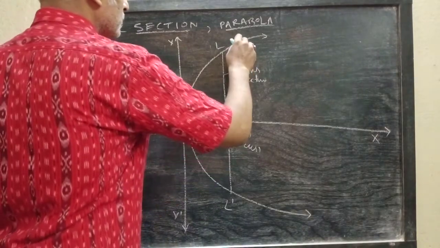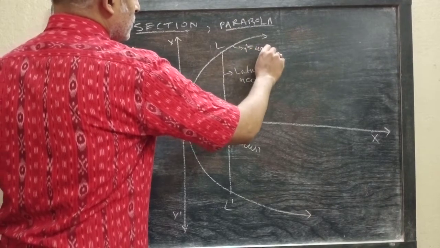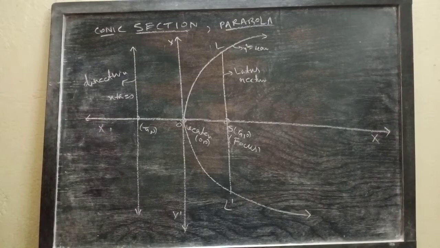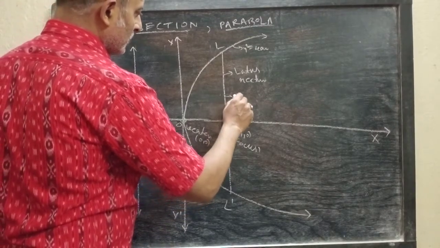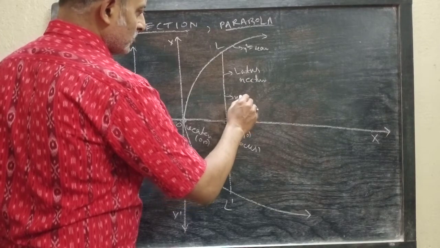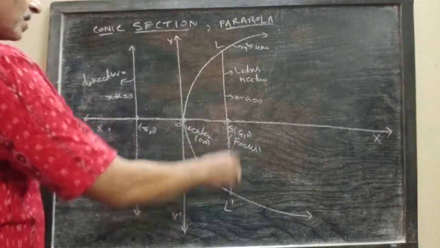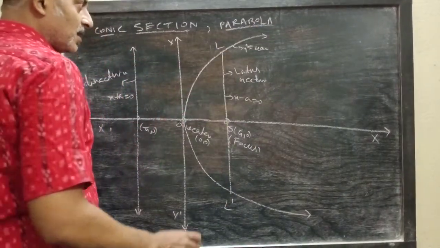We know the equation of the parabola is y square equals 4ax. So let us find the coordinates of L and L dash. The equation of the latus rectum is x equals a, that is x minus a equals 0. If we solve the line x minus a equals 0 with the curve y square equals 4ax, we get the coordinates of L and L dash.